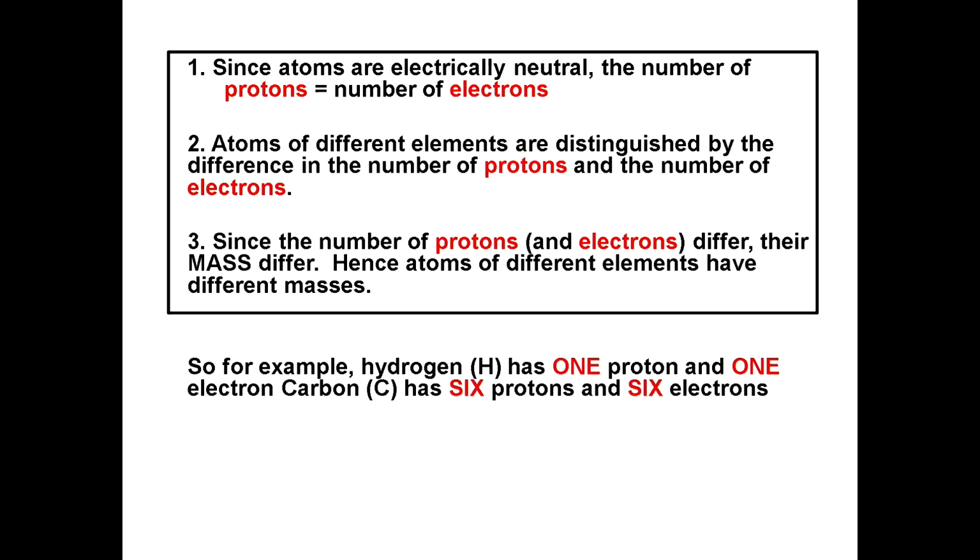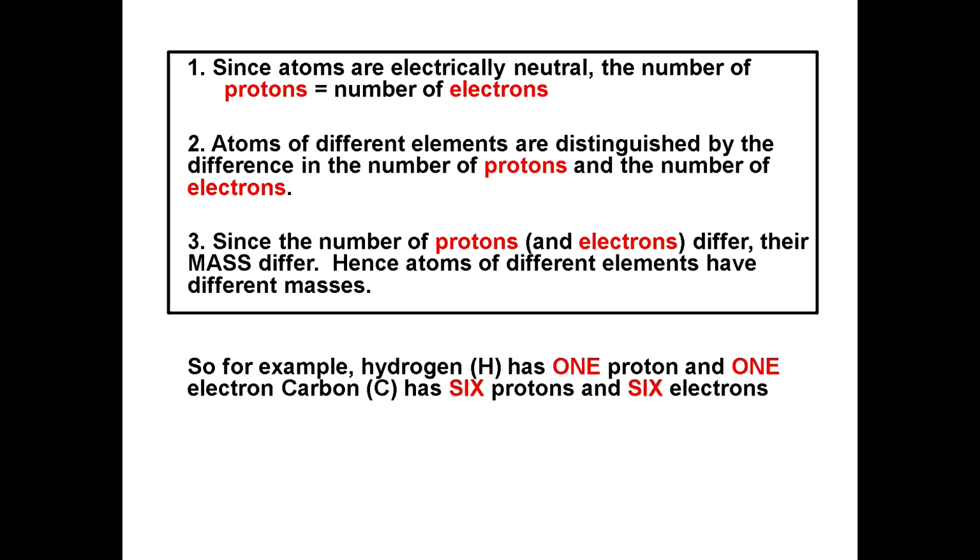Since atoms should be neutral, the number of protons should be equal to the number of electrons. And atoms of different elements are distinguished by the difference in the number of protons and the number of electrons. So different atoms should have different numbers of protons or electrons.